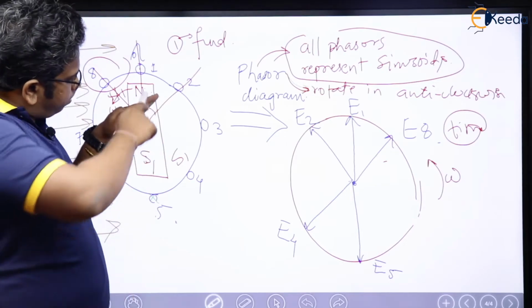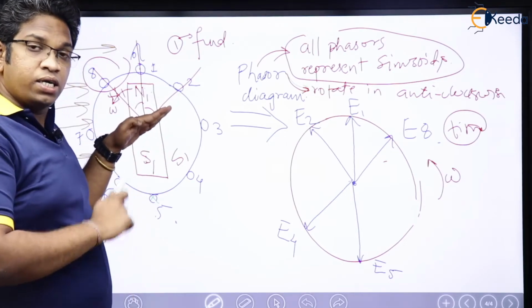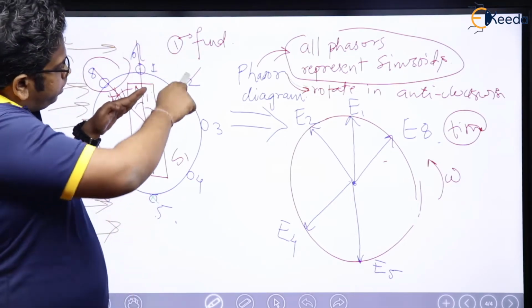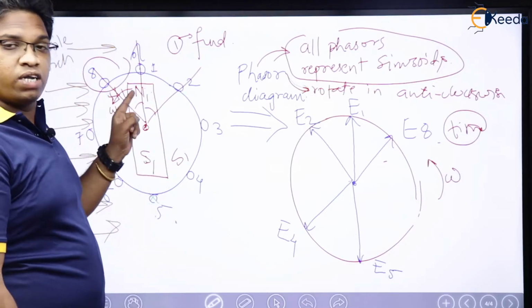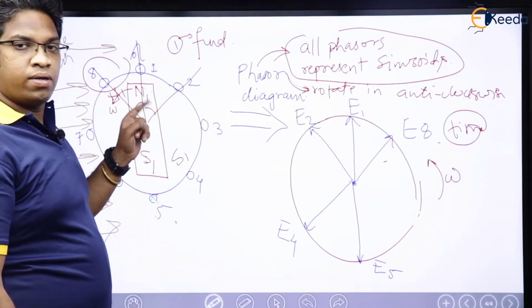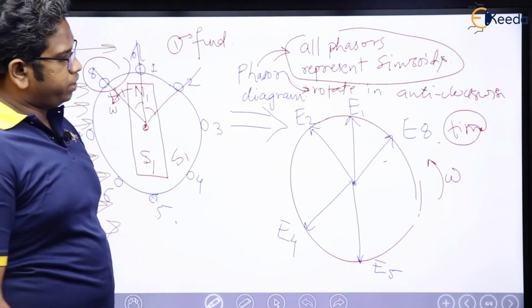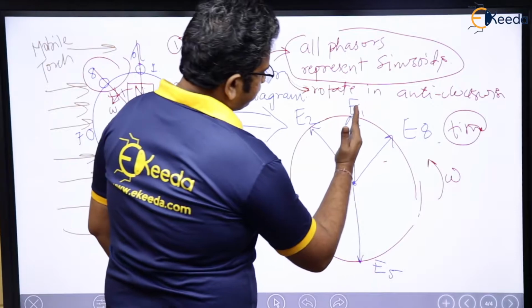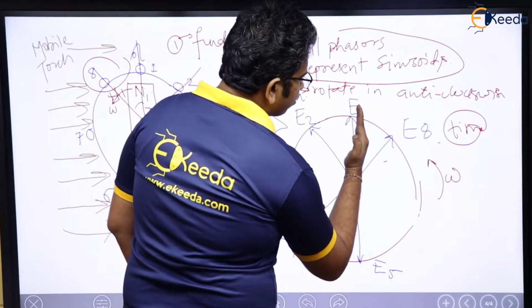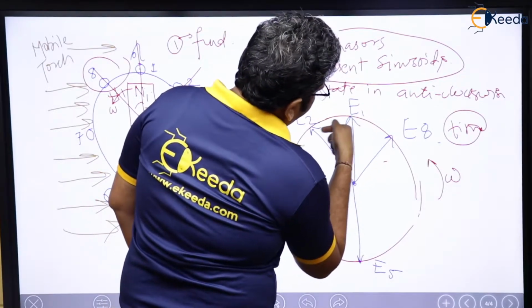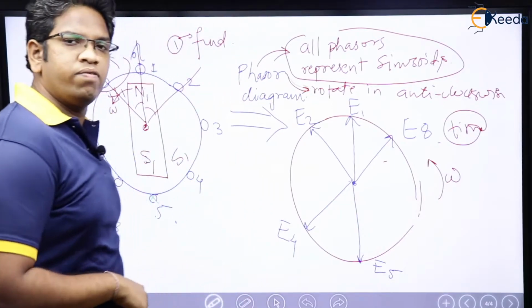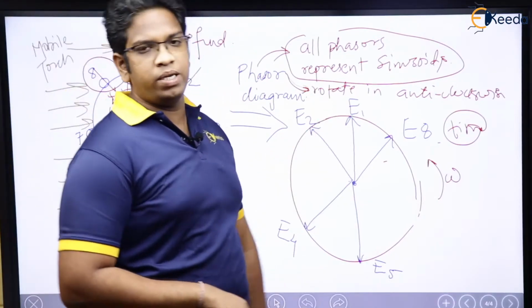So in history, if N1 and S1 were like this, it means that E2 was maximum 45 degrees in the past, before time. So right now, before E1, E2 would have been here in place of E1, which means E2 was maximum initially.